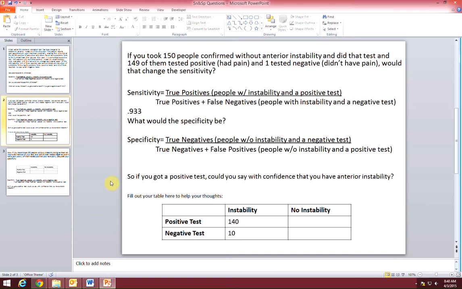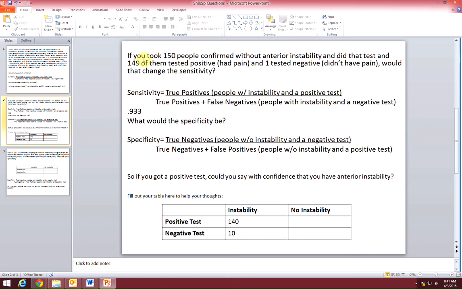However, we can't say that if we have a positive result, we do have anterior instability, because of this next part. Here we're looking at calculating our specificity. We said before that we can't look at specificity because we only had a population who has the instability.